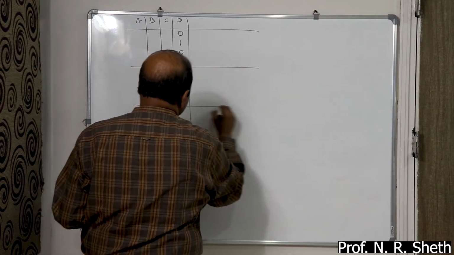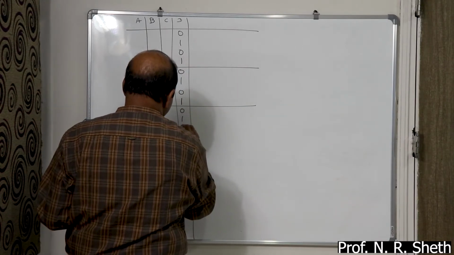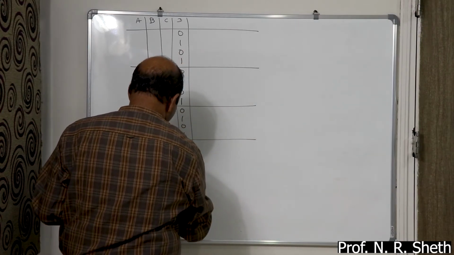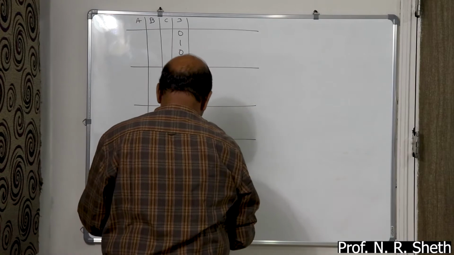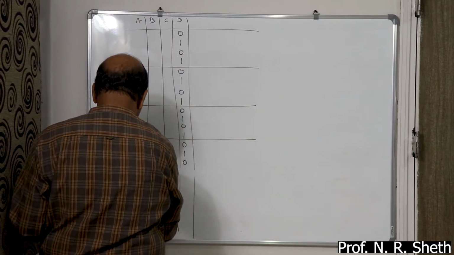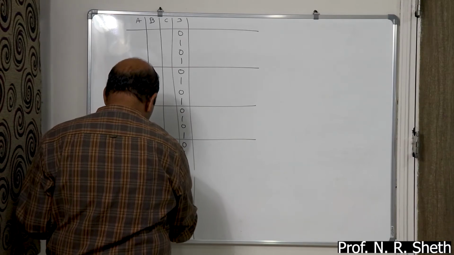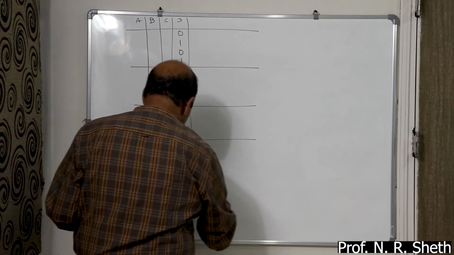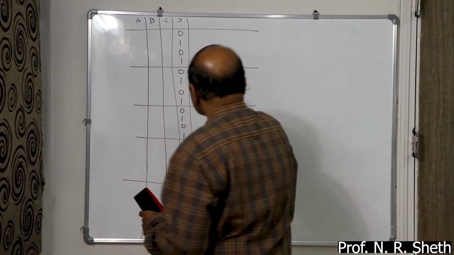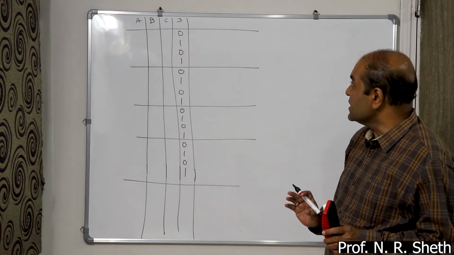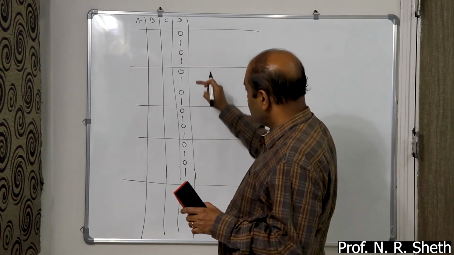Another 4. There should be a slot of 4, so it becomes easy. 0, 1, 0, 1.